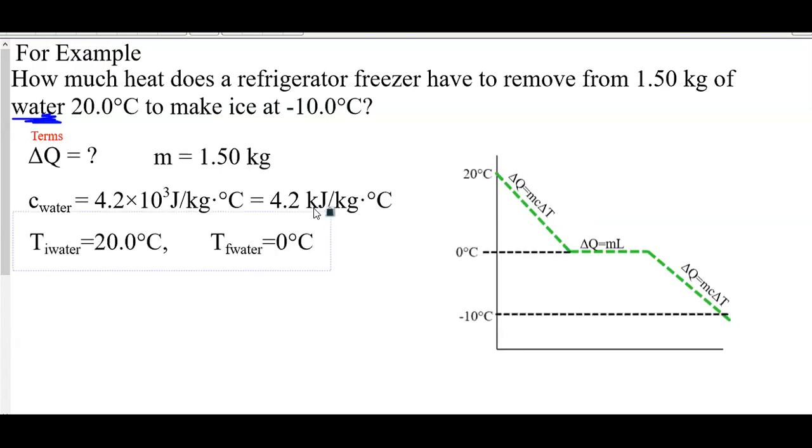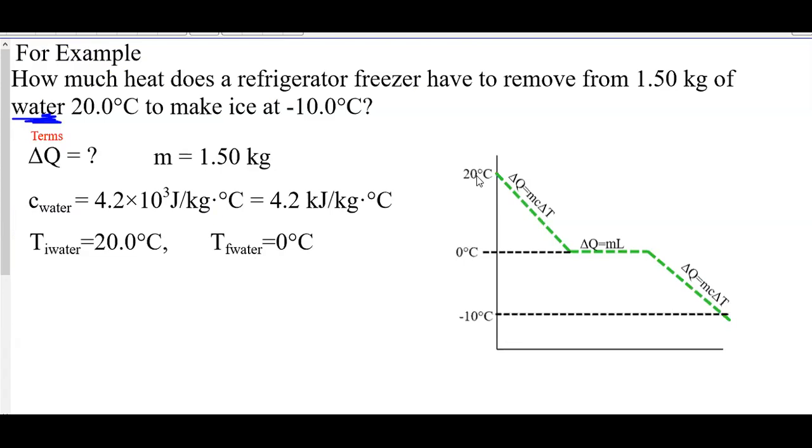I'm also going to point out the temperatures involved. So water is going to go from 20 degrees Celsius initially, and it's going to go therefore to 0 degrees Celsius when it's in liquid state. You can't just go from 20 to -10 and call that a change in temperature of 30. We can only change our temperature for one specific state. So this is our liquid state.